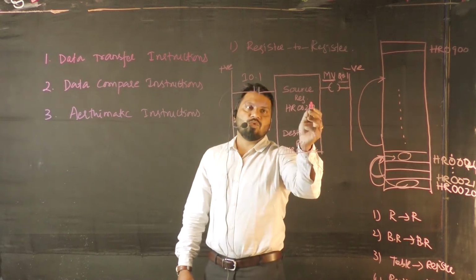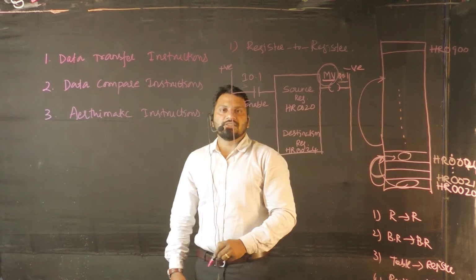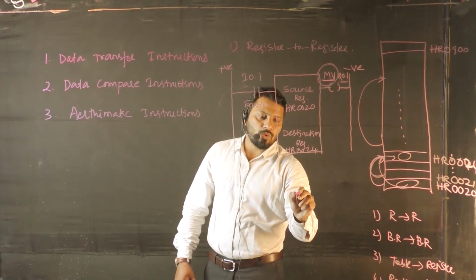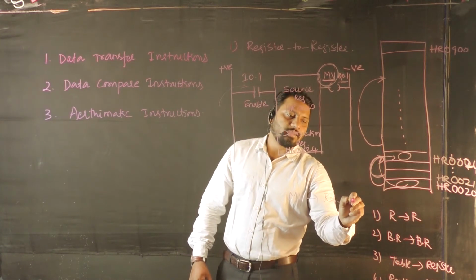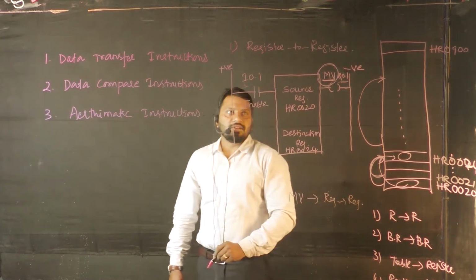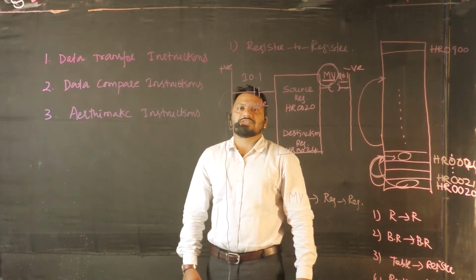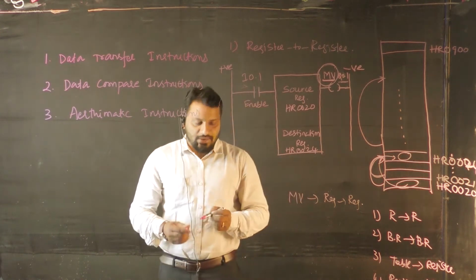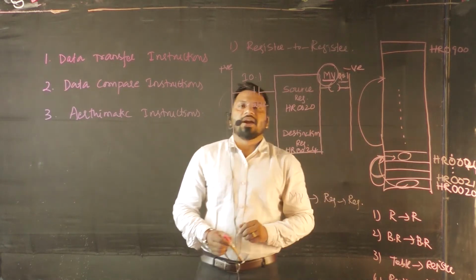To perform this move operation, we need this prefix here. The code is MV. MV is the code to move data from one register to another register. So this is the rung to move data from one register to another. This is one type of data transfer.